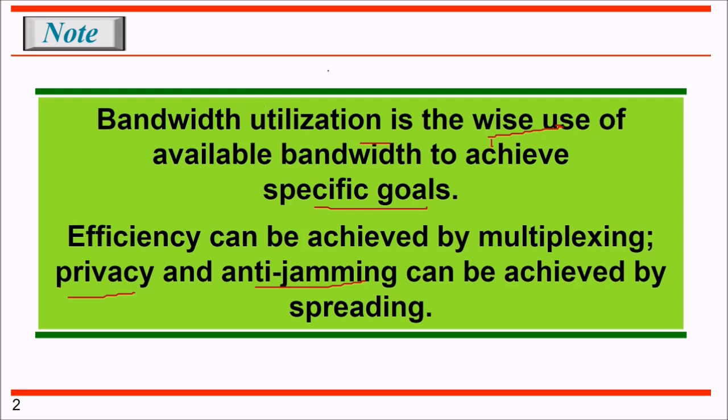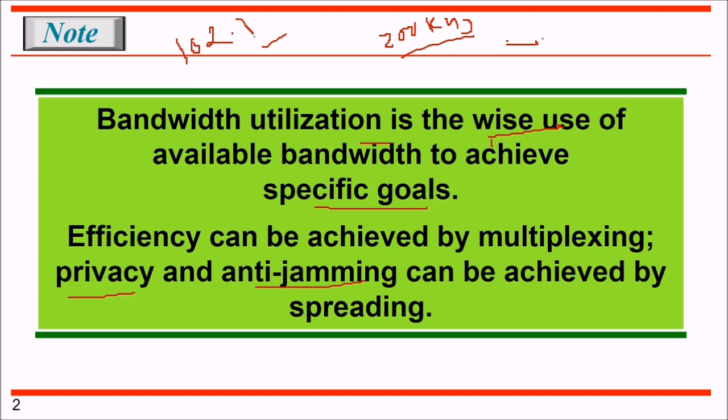Bandwidth utilization is necessary because, for example, in FM, 200 kilohertz is given to one channel, the difference between two channels. So only 200 kilohertz is provided for one channel, say 102.1, the national channel called Rainbow India.